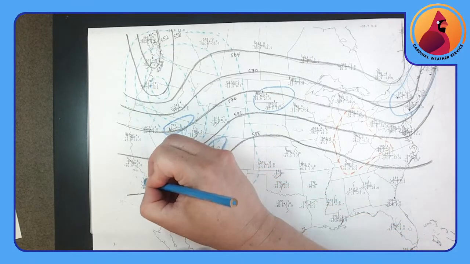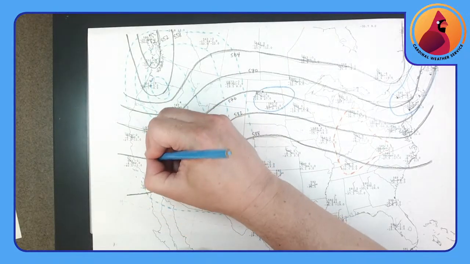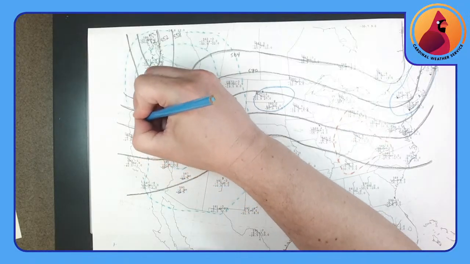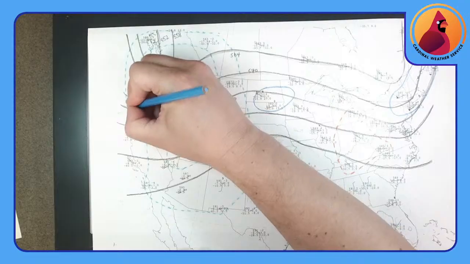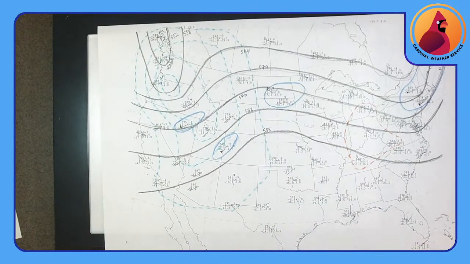Probably gonna have to give this pencil a quick sharpen before I finish up. But you can see here in the west through the Rockies, yeah, some height falls overnight.